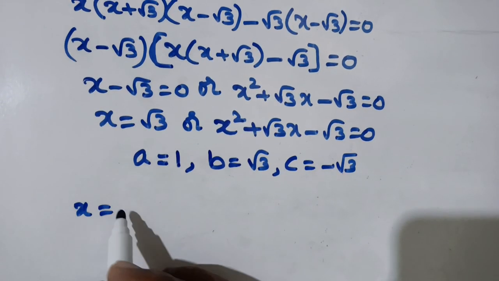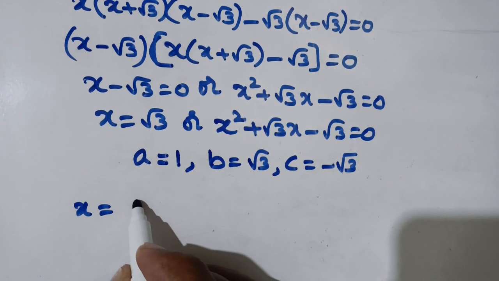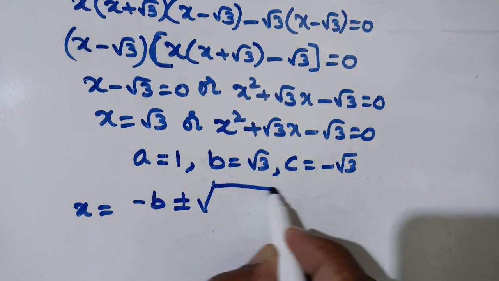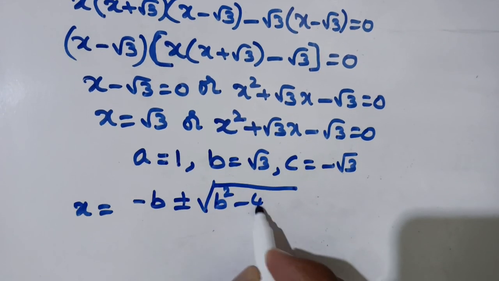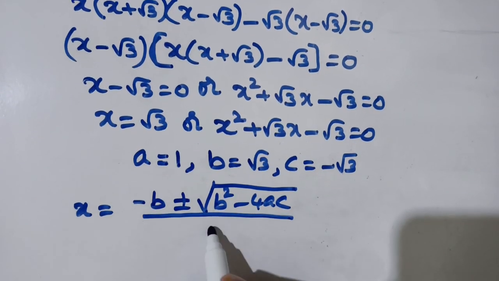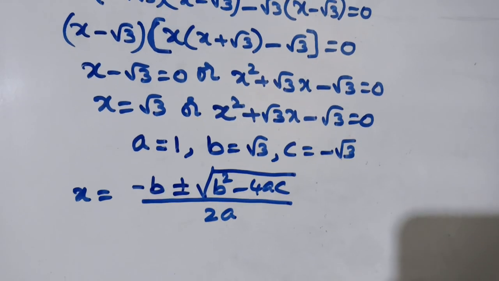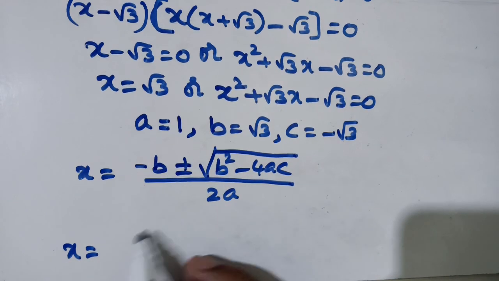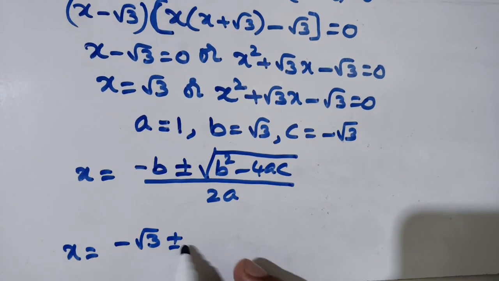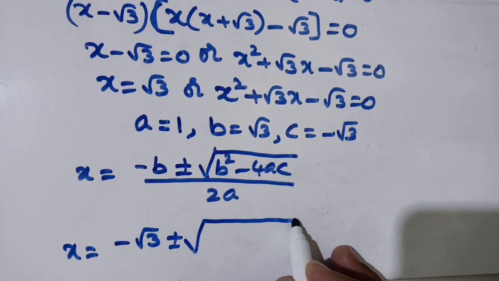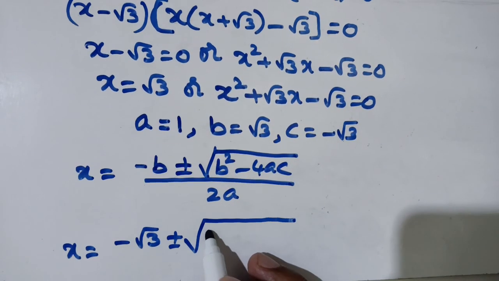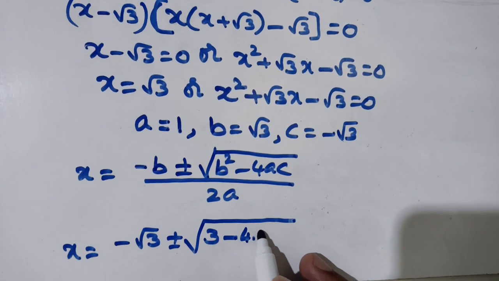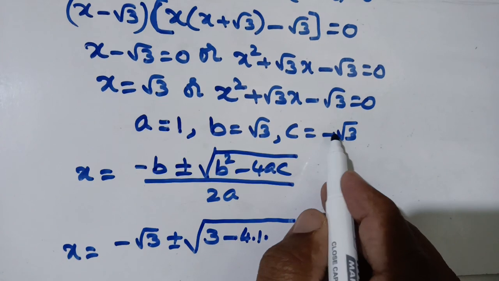And the formula to find the roots of a quadratic equation is x is equal to minus b plus or minus square root of b square minus 4ac, whole divided by 2a. So x is equal to minus b, which gives minus root 3, plus or minus square root of b square, root 3 square, now without root, it is 3, minus 4 times a is 1 and c is minus root 3.